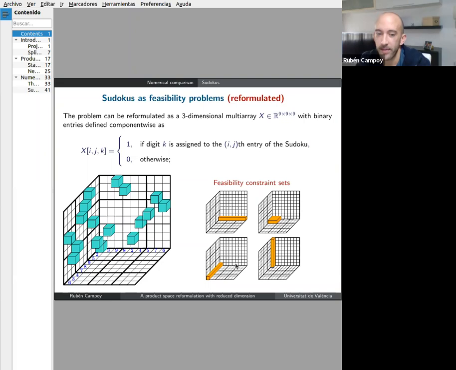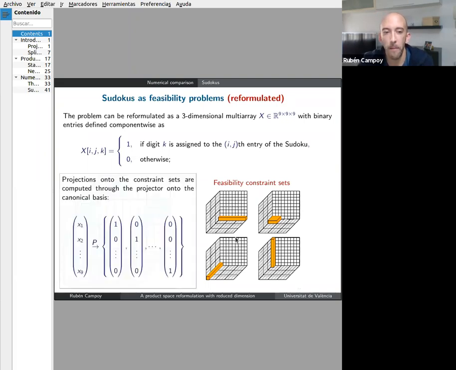And as I say, the only thing we need to know is how to compute projections onto the canonical basis. And this can always be done. If this is the point that we want to project, we just take the maximum of the components and we pick the element with the 1 in that position of the maximum. If someone is interested in the details of the implementation, you can look further in the papers.